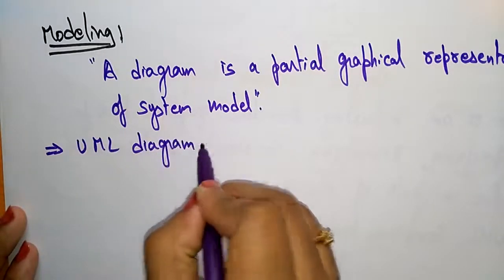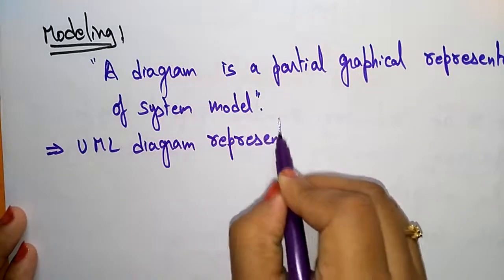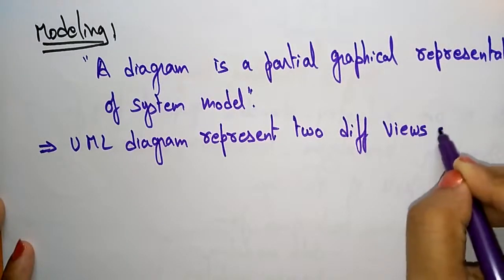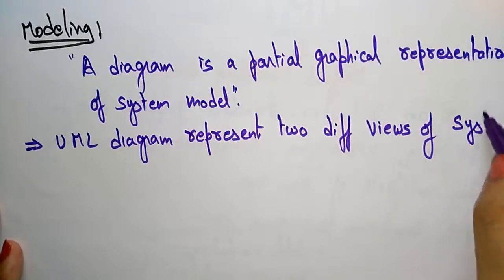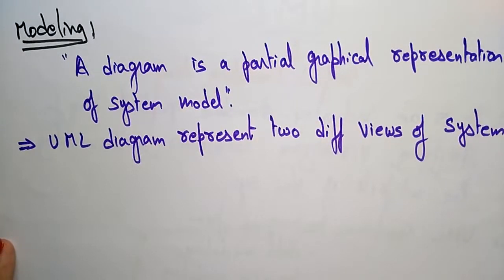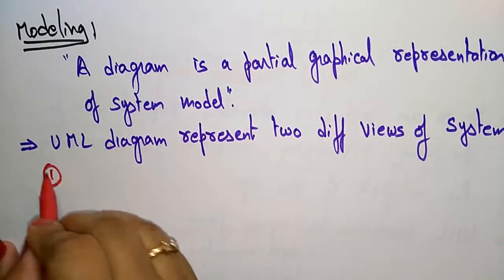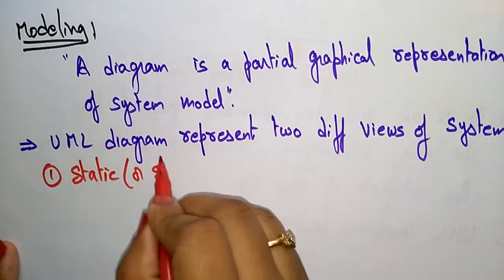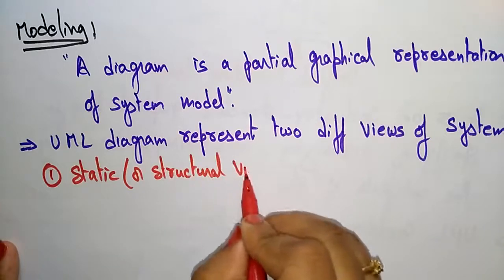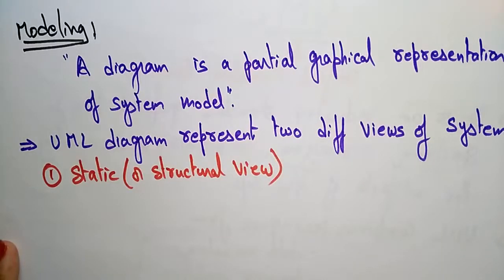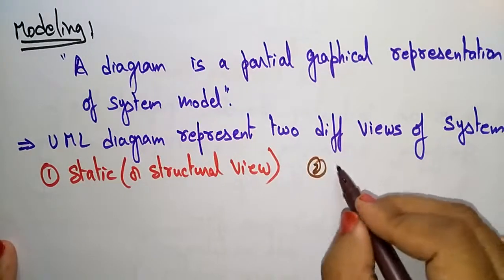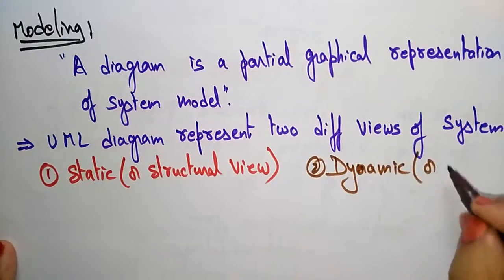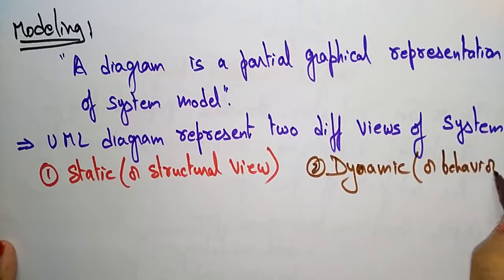One is the static model, or we call it the structural view, and the second one is the dynamic or behavioral view.